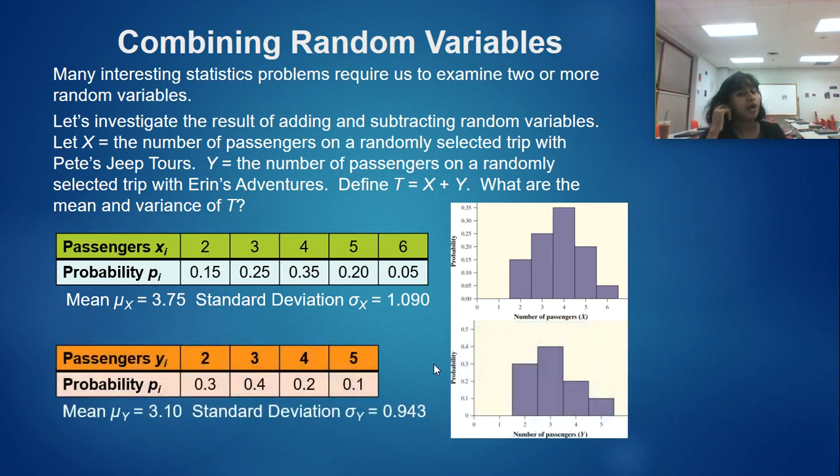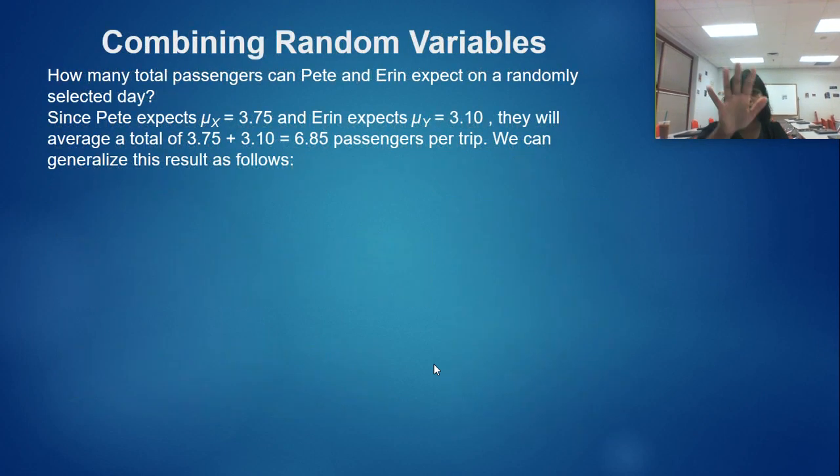If we break down our probability distributions based off of X and Y, Pete and Aaron, we end up with these tables, and we can calculate the mean and the standard deviation. But how do I take this information that's broken up as X and broken up as Y and combine it together as a T value? I do have some formulas for you coming up, but let's just jump on in.